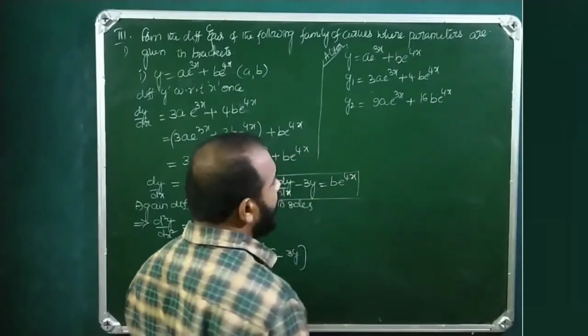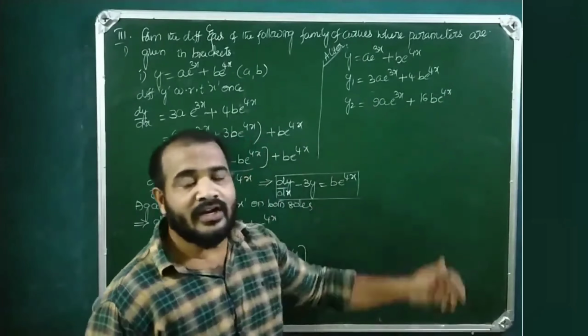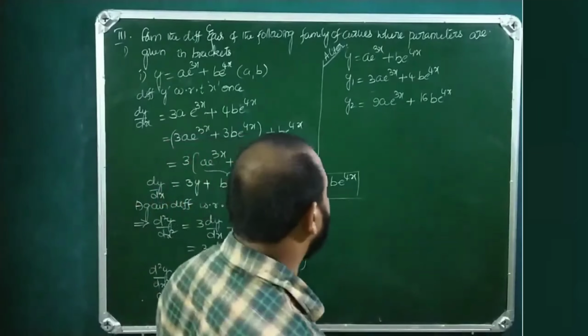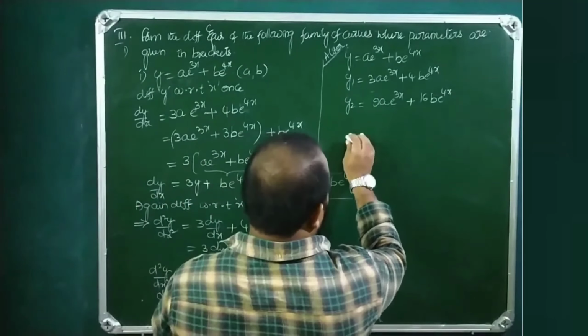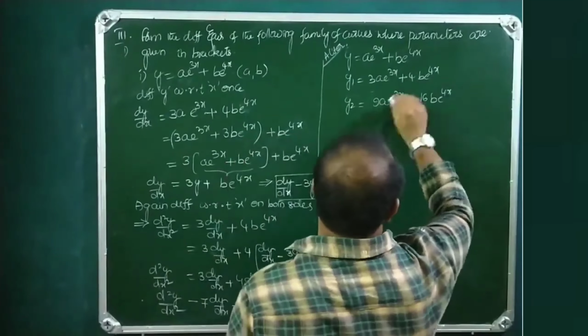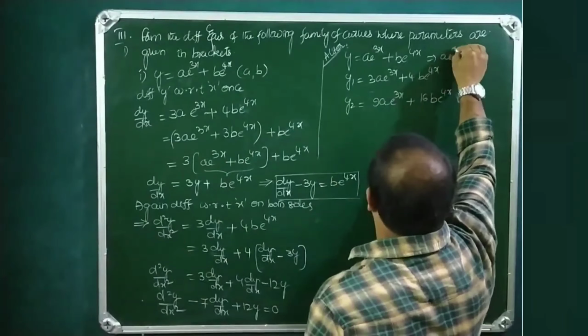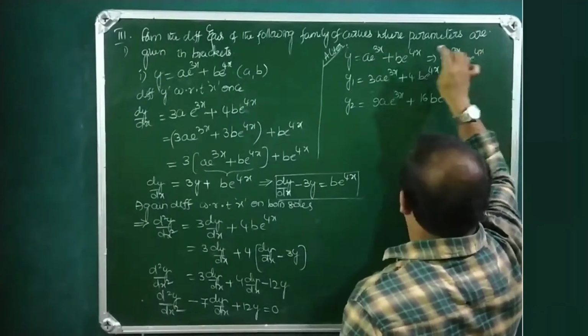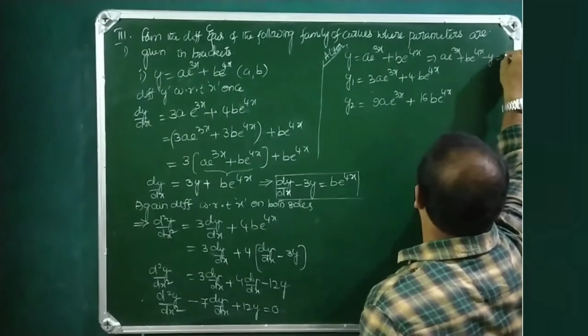So now this can be eliminated through the process of a determinant. Here, this can be written as a e^(3x) plus b e^(4x) minus y equals 0.